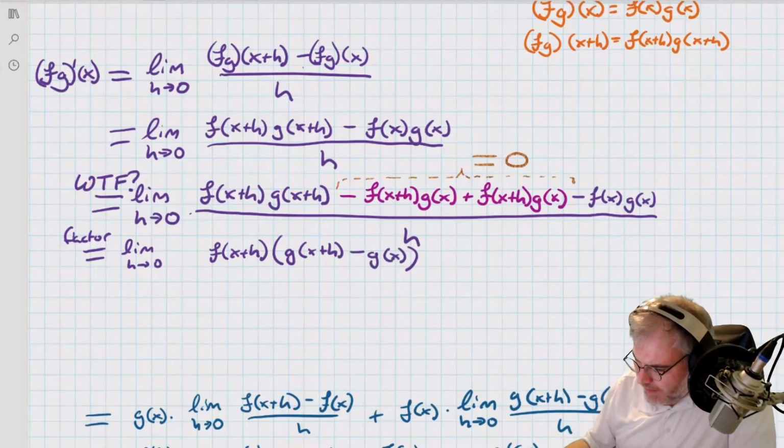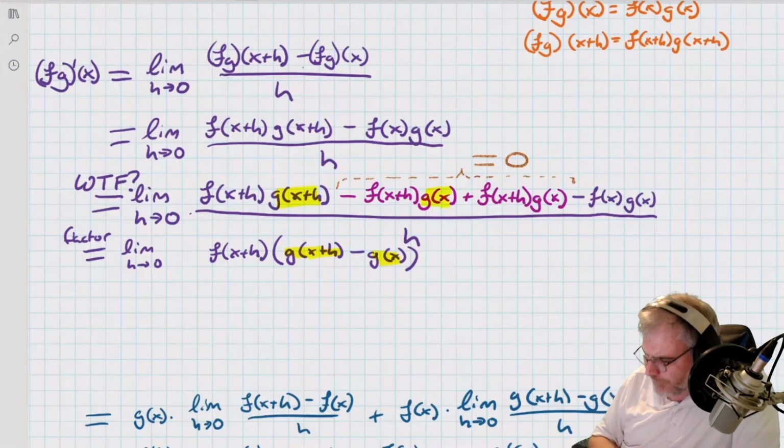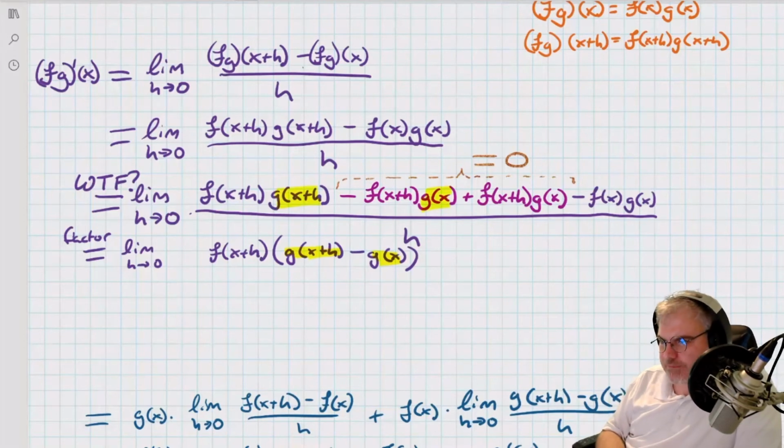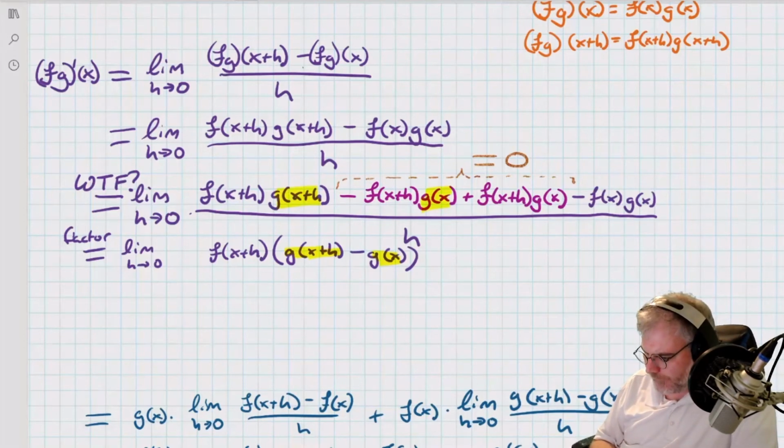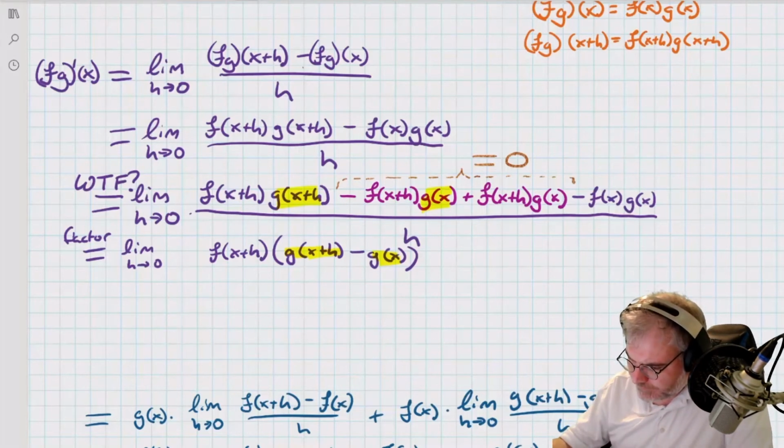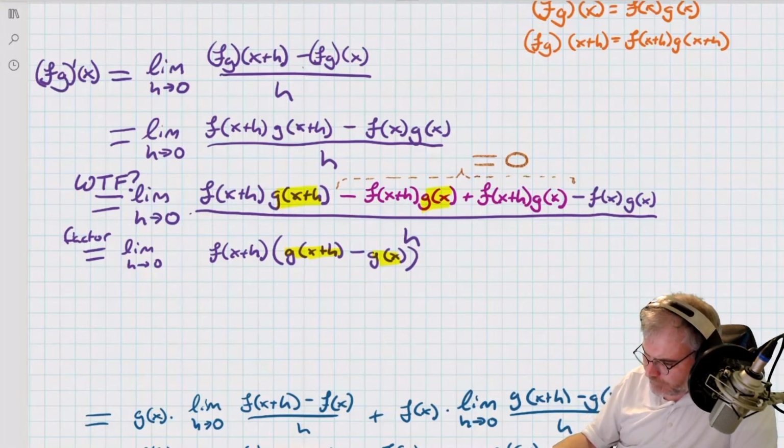That came from this term here, and this term here came from there and there. I simply factored out the f of x plus h in common. And then I'm going to do it again with the g of x.